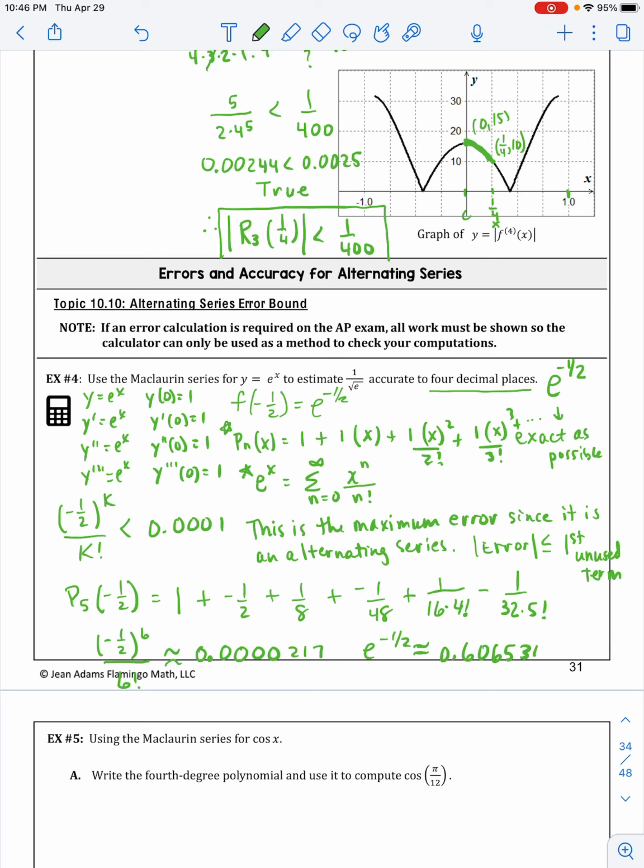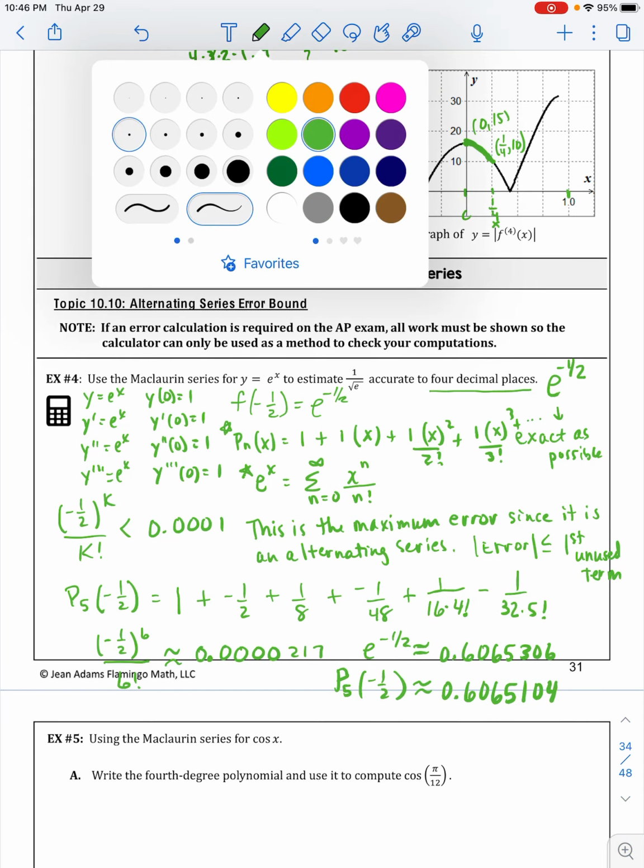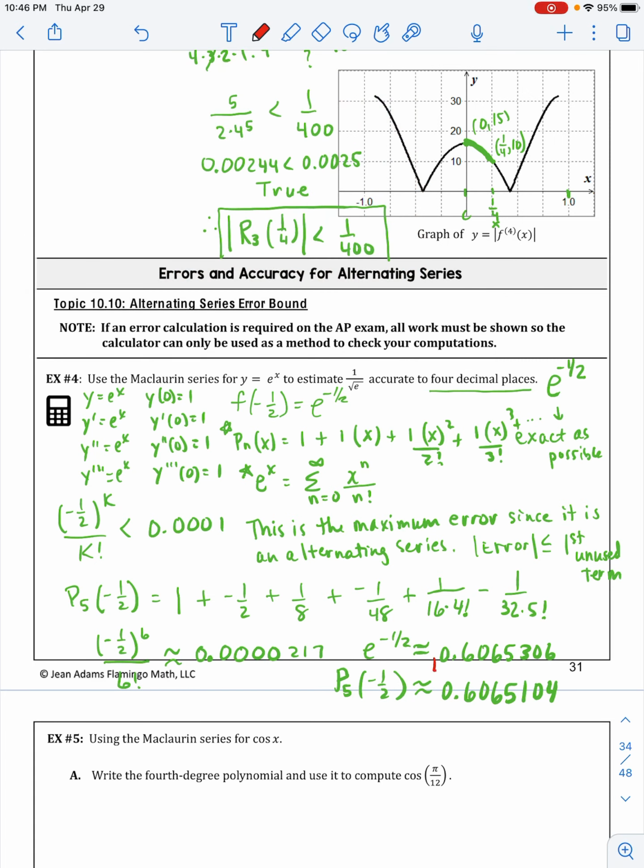And so your actual value, your exact value, well, I mean, you had to round it, so we can put an equal sign like that, is 0.6065306. And your P sub 5 of negative 1/2, if I put all of those in my calculator that I just calculated here, it gives me 0.6065104.